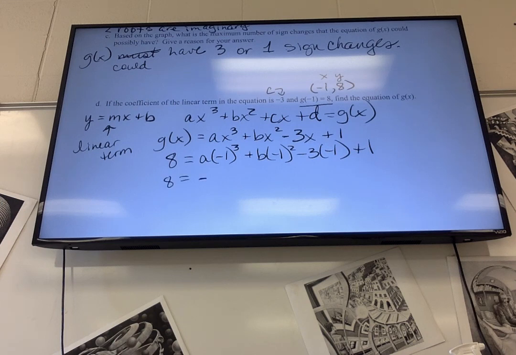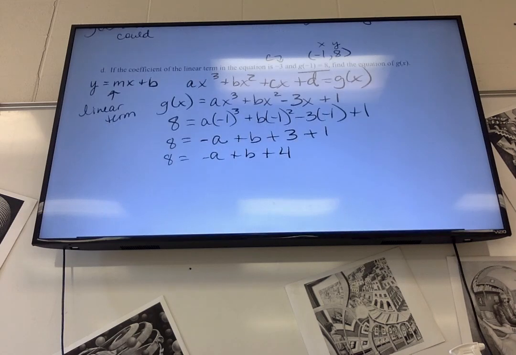So that's negative a plus b plus 3 plus 1. 3 plus 1 is 4. Subtract 4 from both sides.